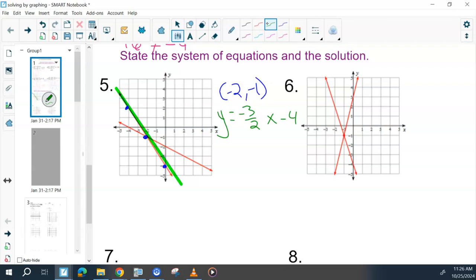Because I went up 3 over 2, but I wrote it wrong originally. I just fixed it. It was 2 over 3, but it should be 3 over 2. And that was wrong.